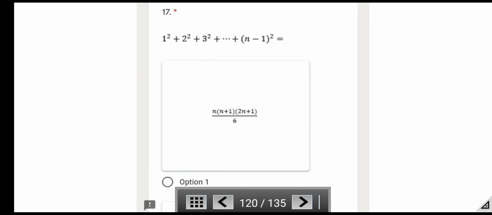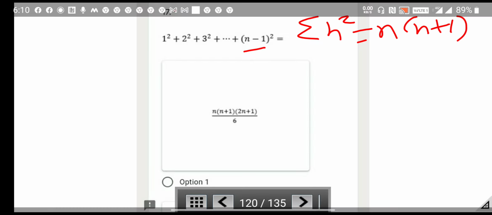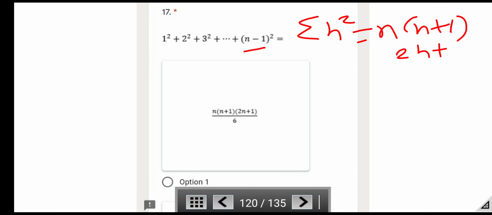Next question. 1 square plus 2 square plus 3 square and so on up to (n minus 1) square. Using the summation of n square and replacing n by n minus 1: n(n plus 1)(2n plus 1) divided by 6.